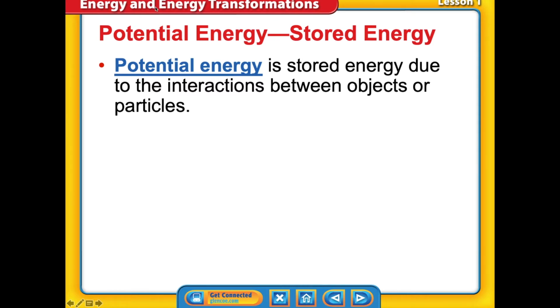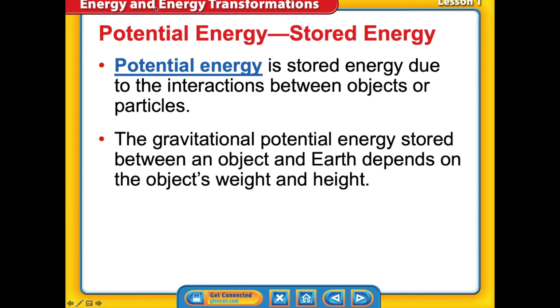So our first form, again, is gravitational potential energy. Gravitational, write that word in for your form, and then copy off of the screen the definition.